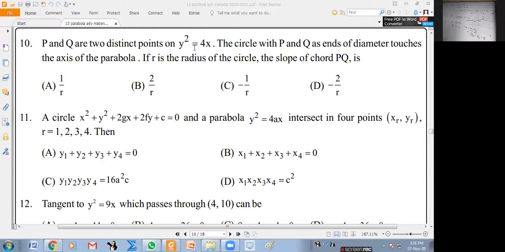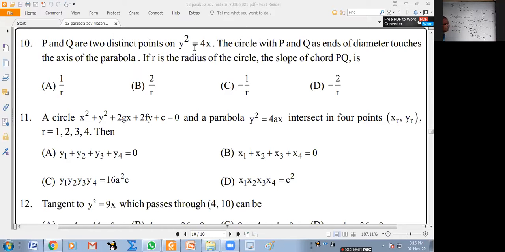Of course, radius need not be a(t1 + t2), it can be mod, so plus or minus can come. This is mod, this is mod, t1 + t2 equals plus or minus r/a.